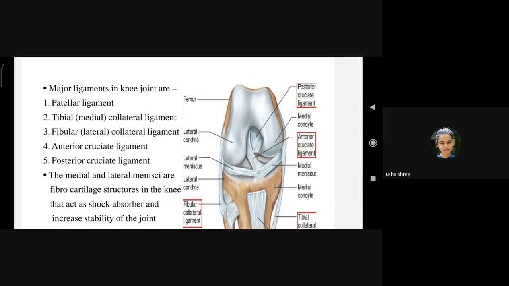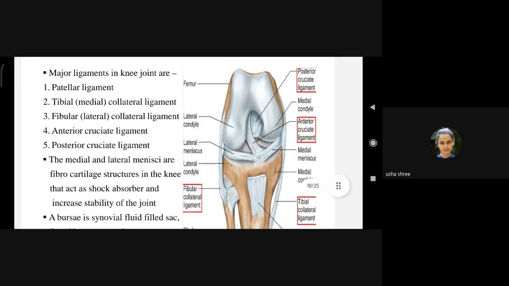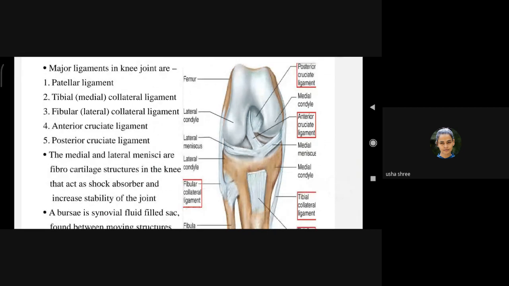Okay. Here these ligaments are highlighted. You can see here at the top right side, the posterior cruciate ligament is labeled. You can see the location of the posterior cruciate ligament in the picture. The anterior cruciate ligament is just below that, and the tibial collateral ligament you can see here, which is connecting tibia to femur.